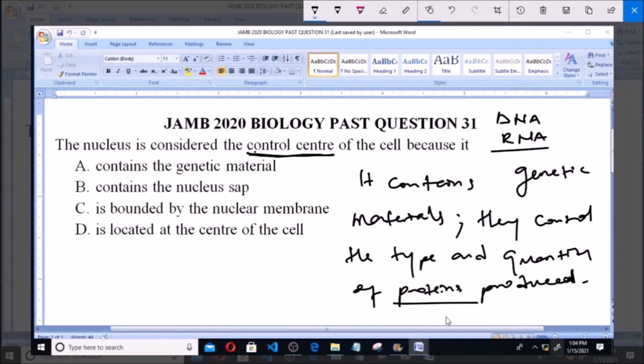And like you know, most of the enzymes, the hormones, even the body tissues are proteins. So it simply means that every activity of the cell is controlled by the nucleus, because the nucleus contains the genetic material that determines what the cell will be, or the activities of the cell. So the answer to the question is option A, contains genetic material.